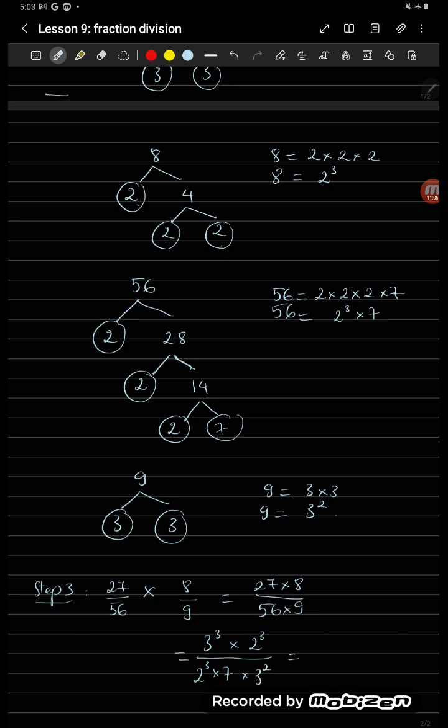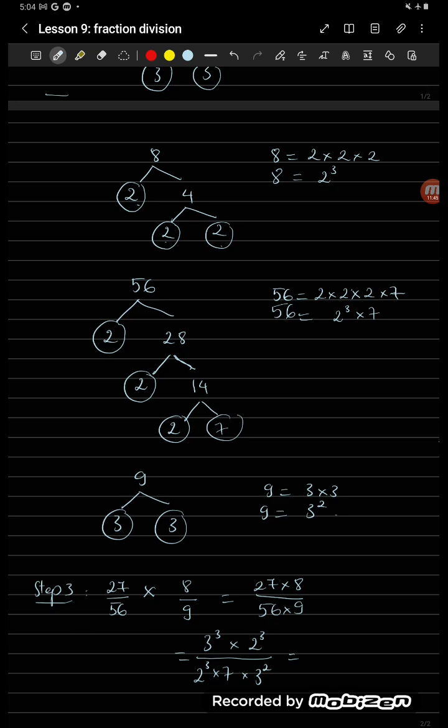Okay, so now we will cancel out all common factors between the top and the bottom. Now we check the top one. The top has a factor number 3, and the bottom also has a number 3. Right? Yeah, but the power is different. The power in the top is 3, and the power in the bottom is 2.